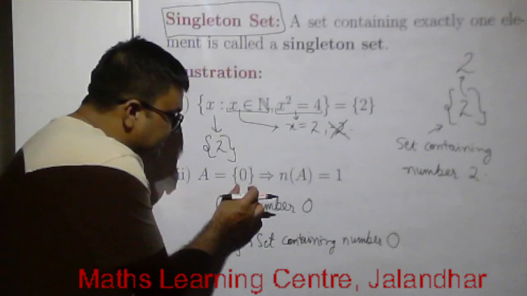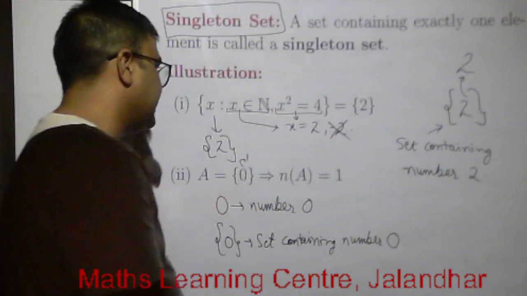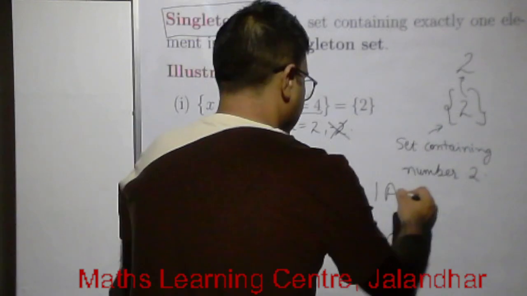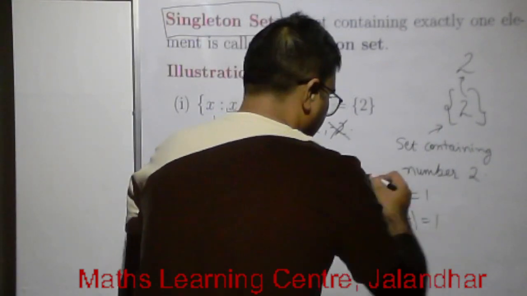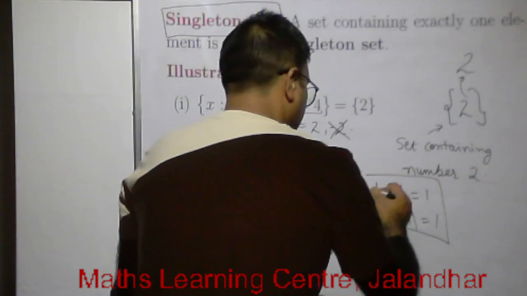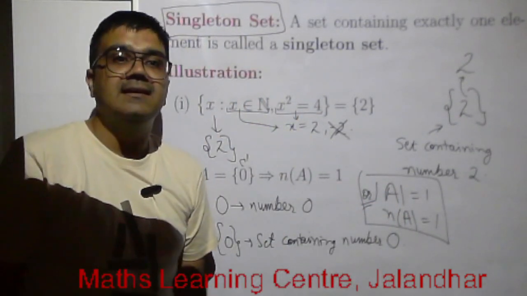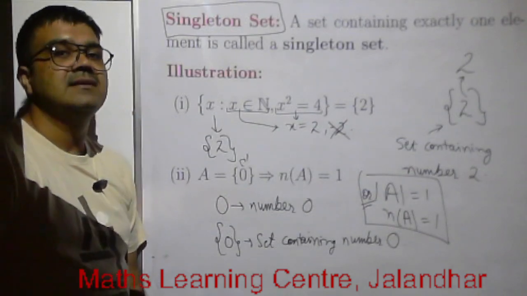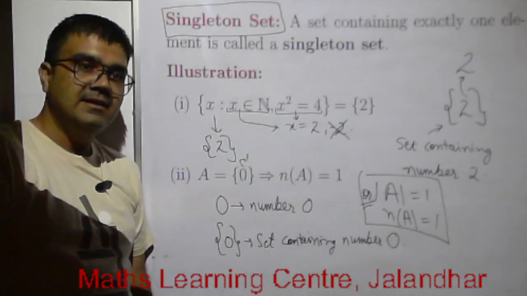So how many elements does this set have? It has only one element. So we are saying the cardinality of the set A is equal to 1. You can write n(A) is equal to 1. You can use either of these two notations. So both of these sets are singleton sets. A singleton set means that both of these sets have only a single element.